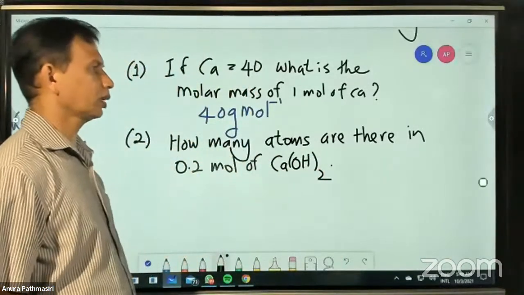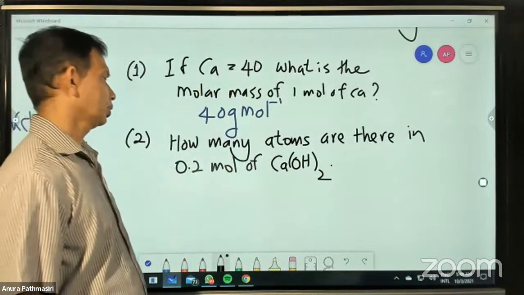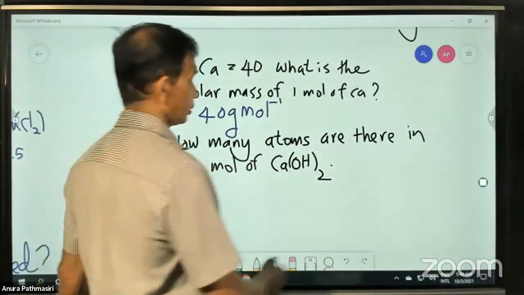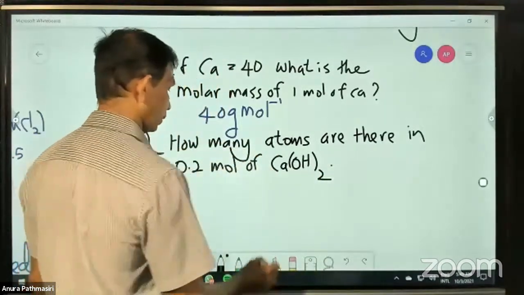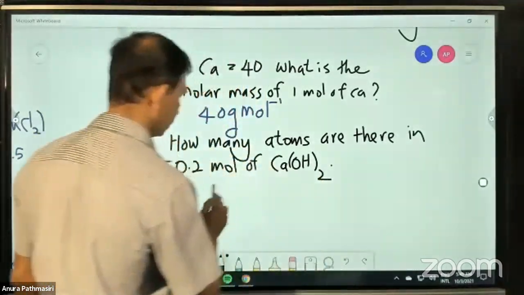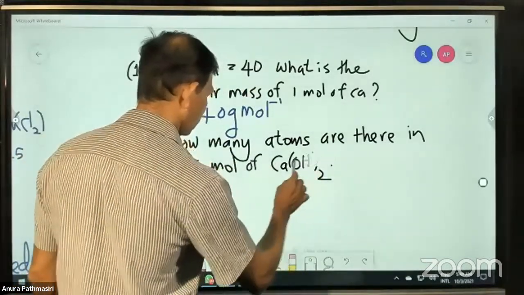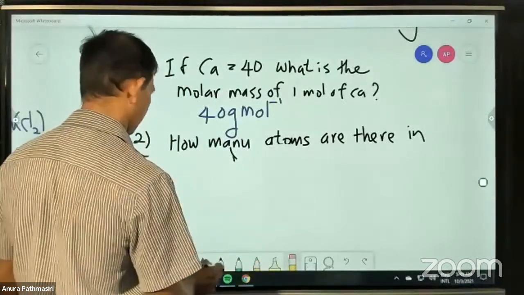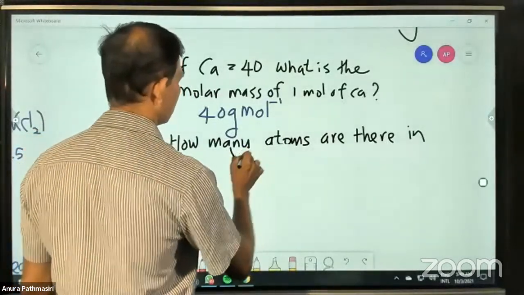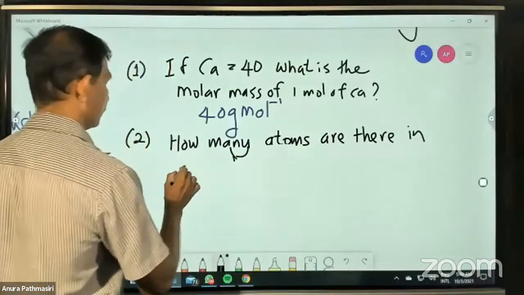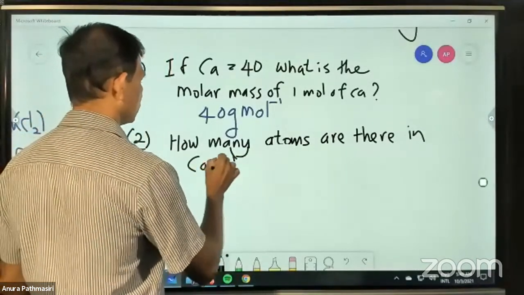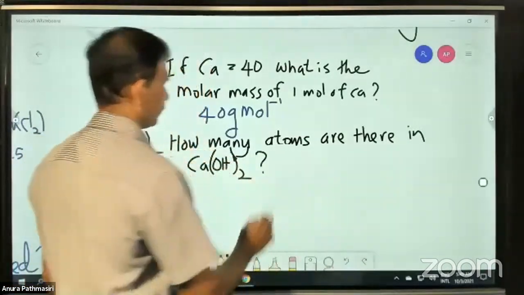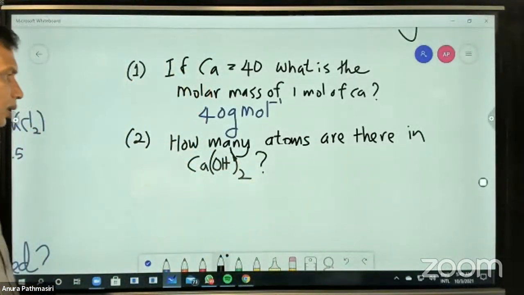Oh my God, it's a complicated one. Let me make it simpler. How many atoms are there in Ca(OH)2? How many atoms are there in Ca(OH)2?